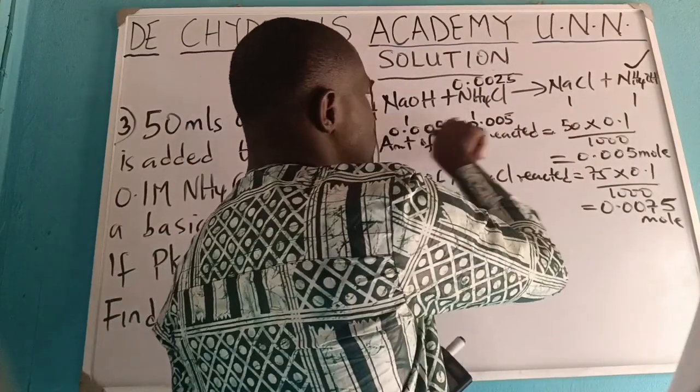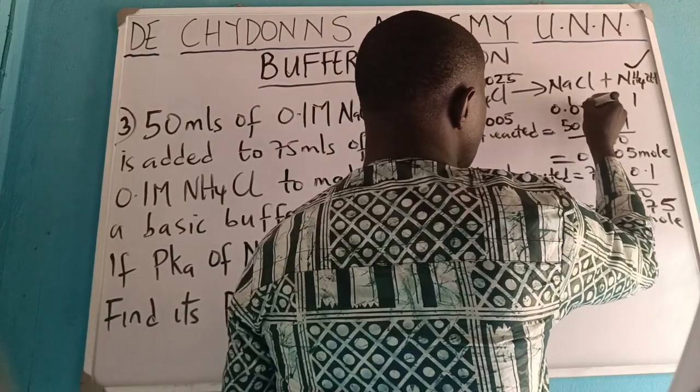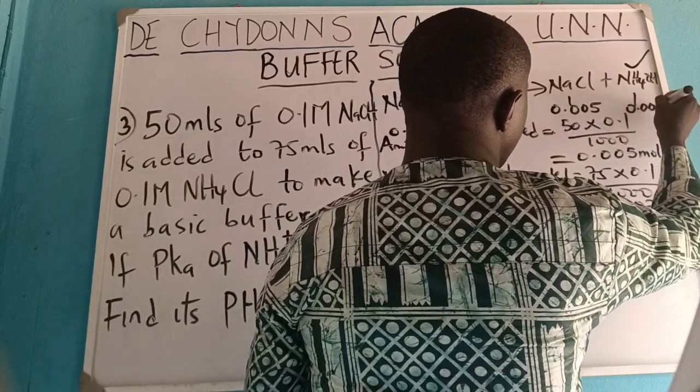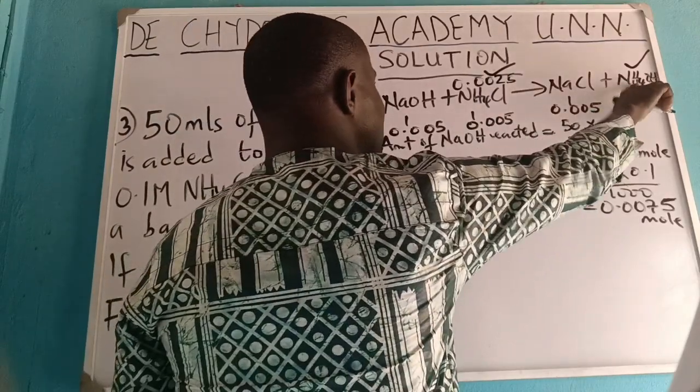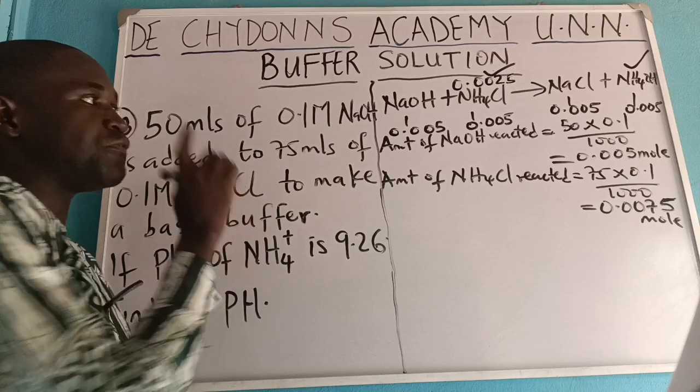Then 1:1 will be giving you 0.005 and 0.005.